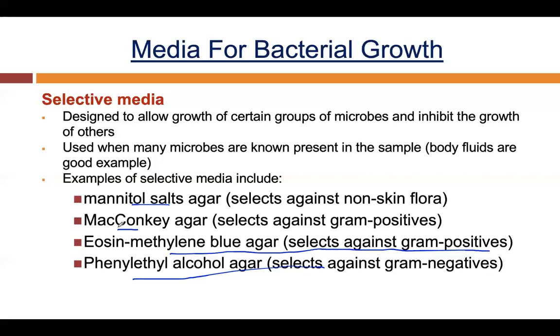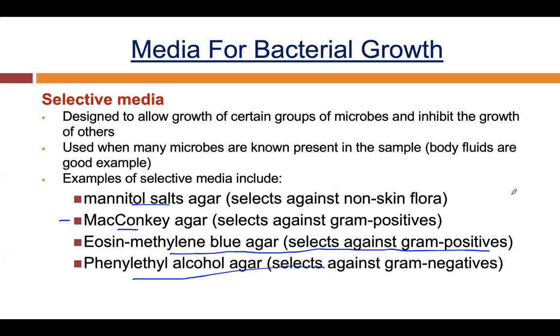Let's say you choose a MacConkey agar plate and put the stool sample on it. If after 24 hours I can see colonies on that plate, that means there were gram-negative bacteria in that stool. So it was a gram-negative bacterial infection, and you can prescribe an antibiotic for gram-negative bacteria. That's the purpose of selective media.